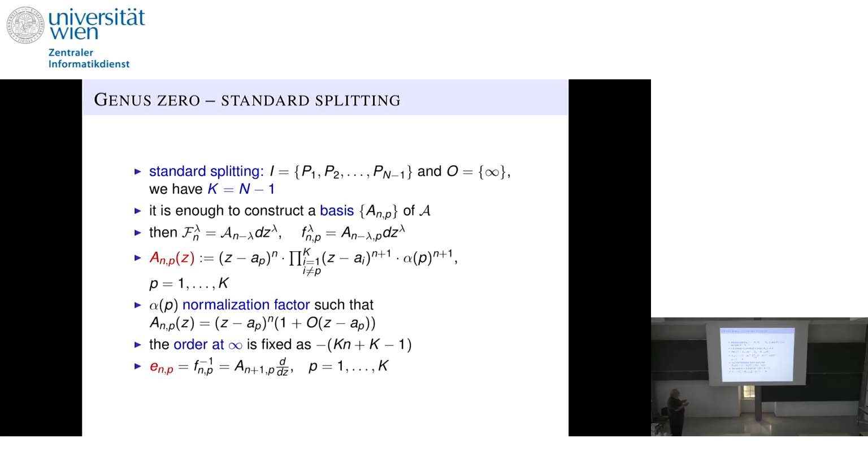The order at infinity is always fixed in this case, because we know the order of these forms and functions at the finite part, and then it is of course fixed at infinity. This would now be the vector fields. So e_n would be A_{n+1}. This means we have a shift of the degree, the same p, d/dz. Okay, this would be there.